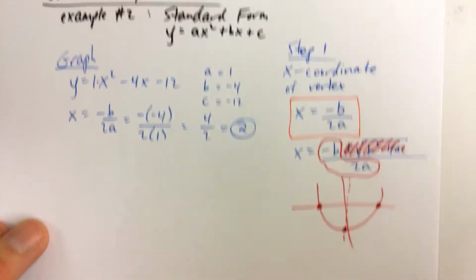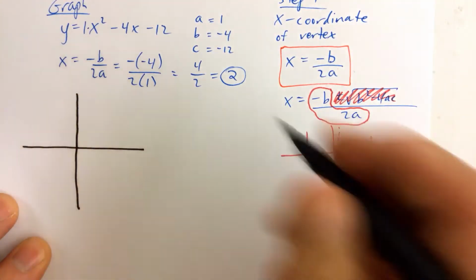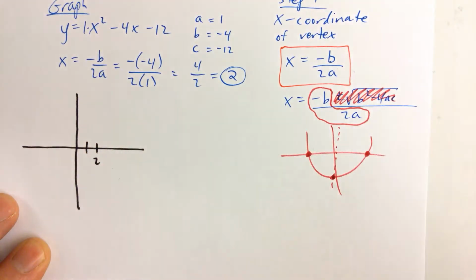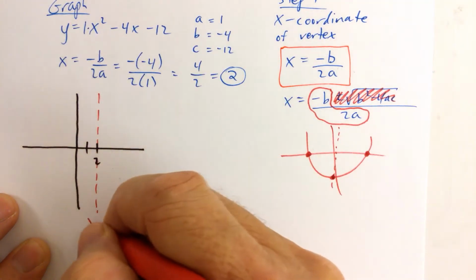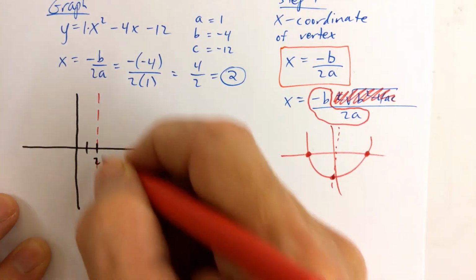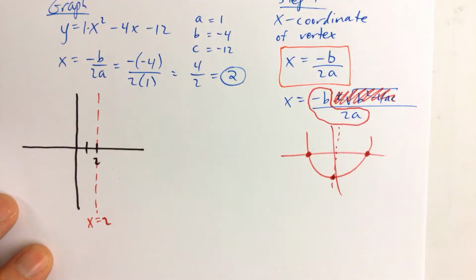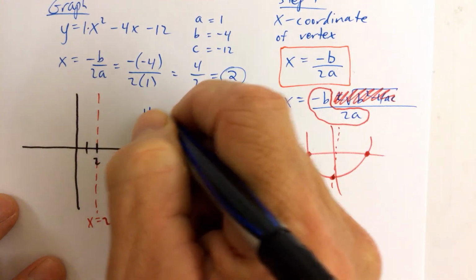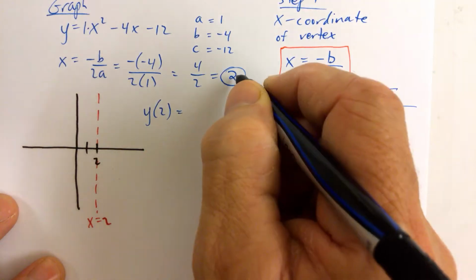If we wanted to go ahead and draw the graph already, we would at least know that the x coordinate of the vertex being 2 means that the axis of symmetry is the line x equals 2. And all we have to do is find where on this axis of symmetry the y coordinate of the vertex is going to be. If we want to find that y coordinate, we're going to replace x with the x coordinate of the vertex.